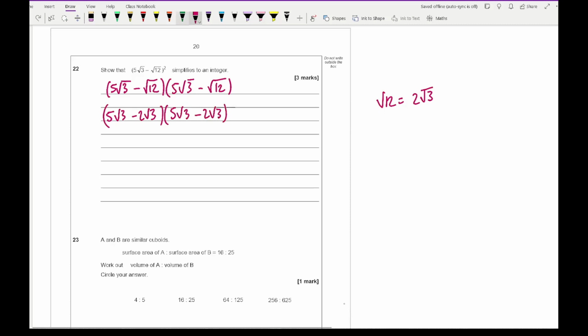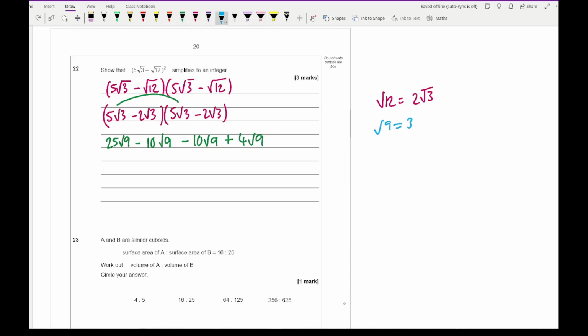And now all I'm going to do is use the loops. So I've got 5 root 3 times 5 root 3 is going to be 25 root 9, minus 10 root 9, minus 10 root 9, plus 4 root 9. Now root 9 is just 3.